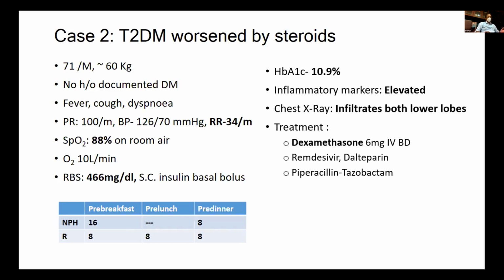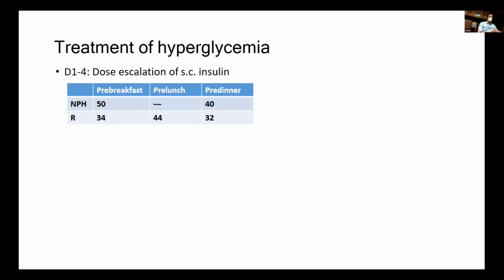So this patient fell into severe disease, hence he was started on dexamethasone, remdesivir, and low molecular weight heparin, and with initiation of steroid, his blood sugars actually remained very high. So you can see this is the amount of insulin this patient required for his blood sugar control, which is a very common thing in many of these patients.